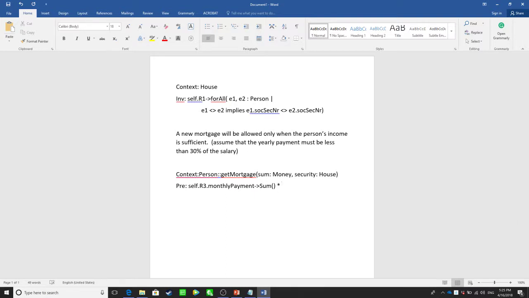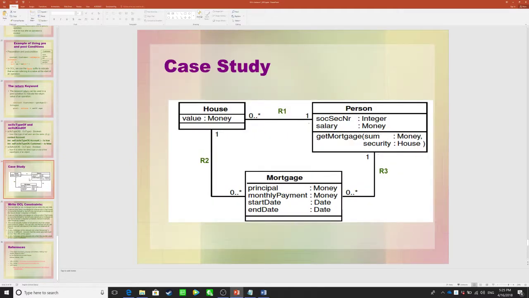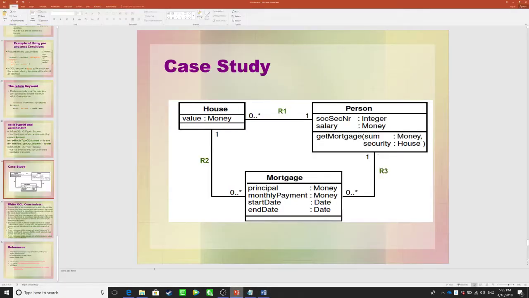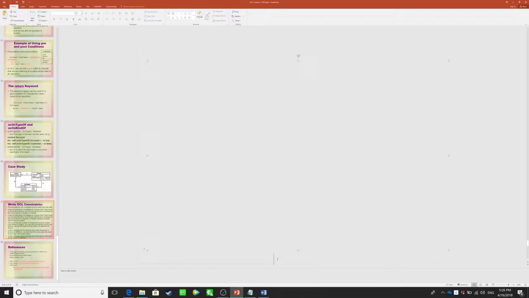Times 12 should be less or equal to this salary times 0.3, 30%, right? Is that 30%? Okay. Yeah, the last one.